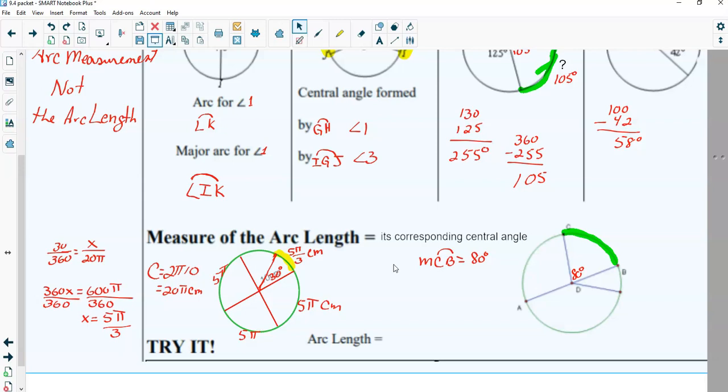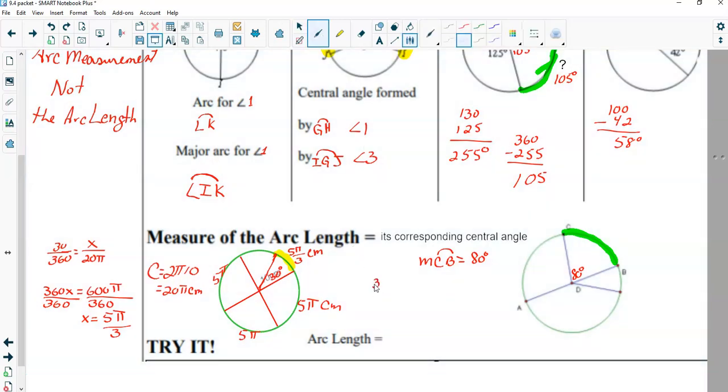Now let's say we know that 30 is to 360 times, we could take that times 2 pi r, which in this case was 2 pi 10, right?